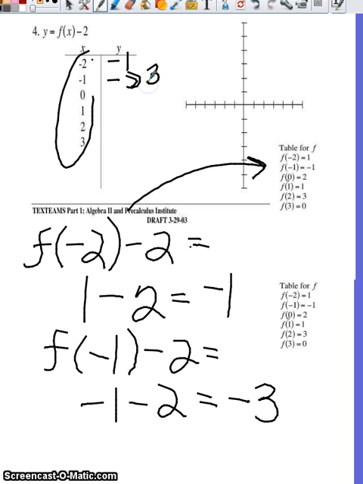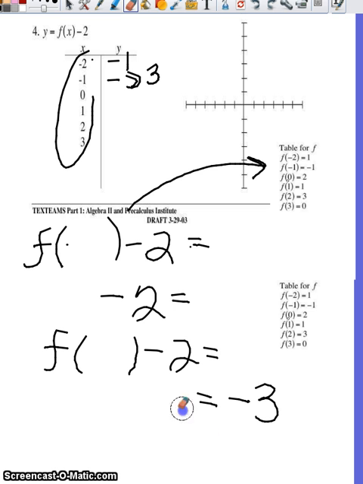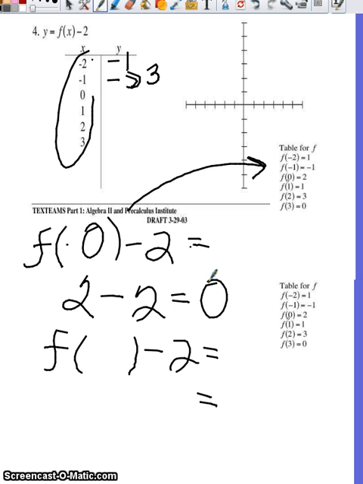Then I'm going to plug in the 0. So at f of 0, according to my table, is 2. So 2 minus 2, my answer is 0.